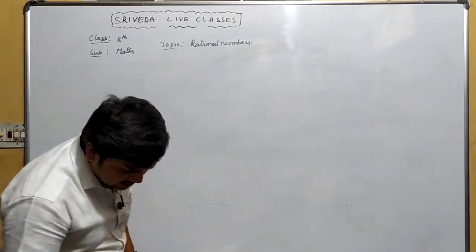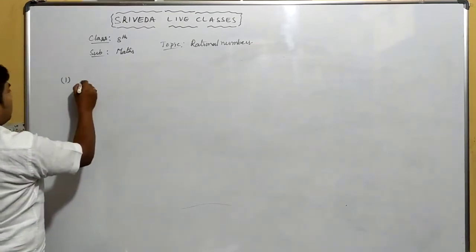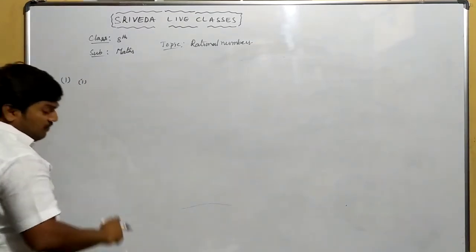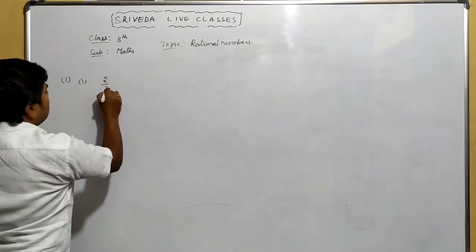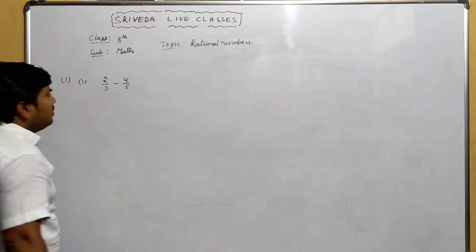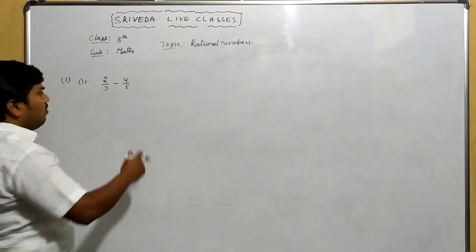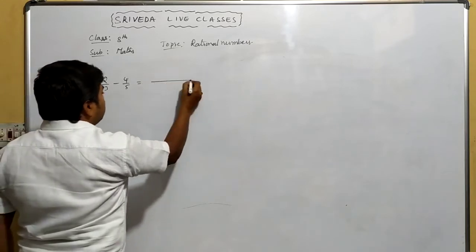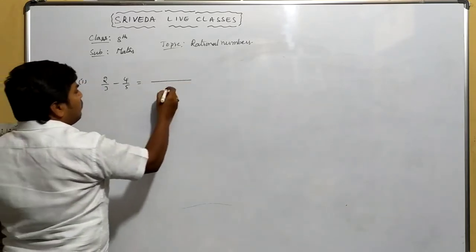Right? You see that? Evaluate, first one, 2 by 3 minus 4 by 5. How can you do this? The LCM of 3 and 5, they are co-primes, is the product, 3 fives are 15.